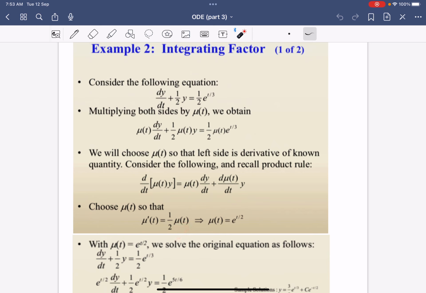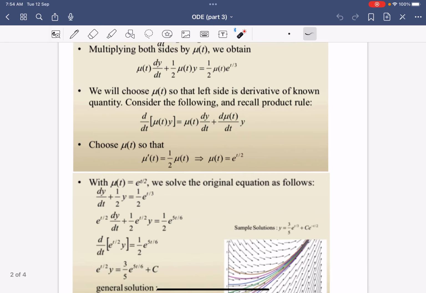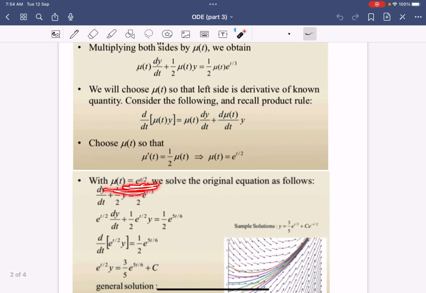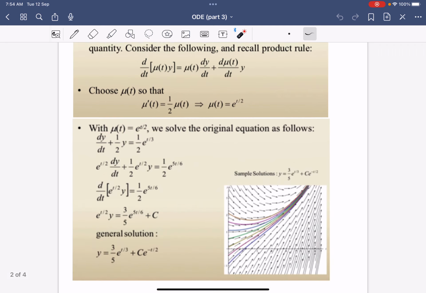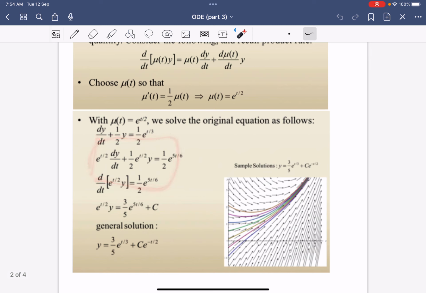So what is the only function that you differentiate to get back itself with some constant multiple? That would be the exponential. Solving this, you get that mu is e to the power of t over 2. So if we multiply by mu as e to the power of t over 2, we actually get the function that we want, so that it can be reduced to this derivative only.